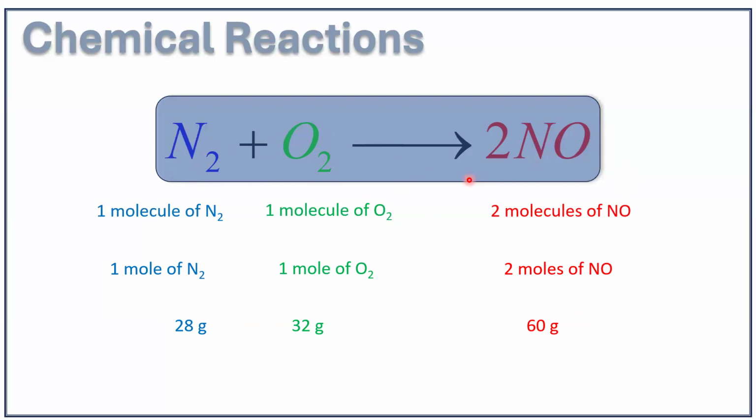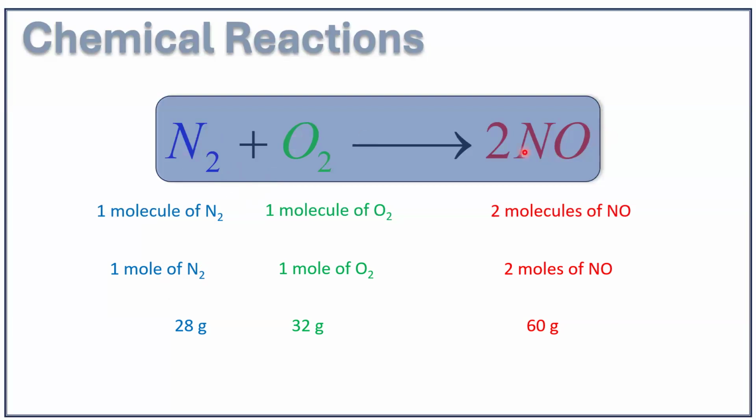So this equation can also be expressed in terms of volume. 1 mole of nitrogen. And what is the volume occupied by 1 mole of nitrogen molecule under STP condition? That is 22.4, the molar volume, 22.4 liters. And again, you have 1 mole of oxygen molecule. What is the volume occupied by 1 mole of oxygen molecule? Again 22.4.